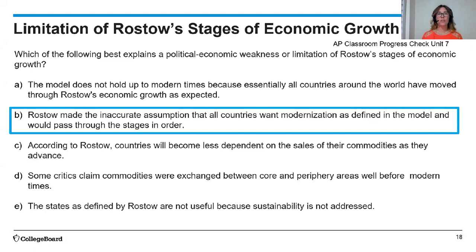So hopefully you put B. So Rostow is making that inaccurate assumption that all countries want modernization and that they will all pass through the stages in order. Not all countries might want to be mass consumers like we are. So hopefully you put B.